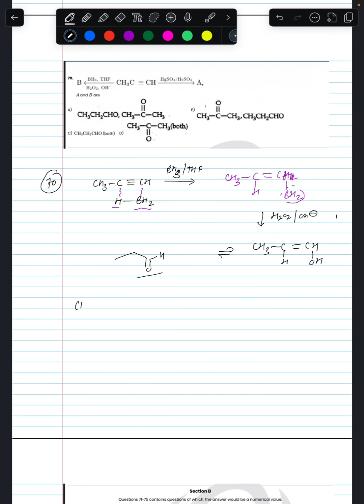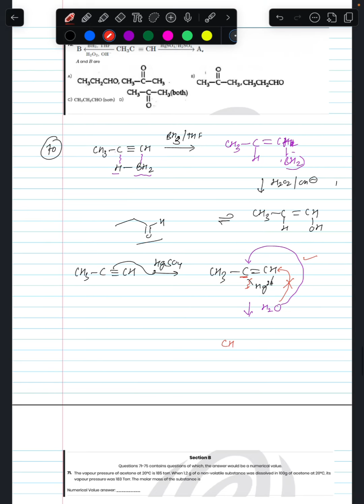Second, CH3 C triple bond CH reacts with HgSO4. During the mechanism, the alkyne first attacks Hg2 plus and forms a cyclic transition state, and the next step is the attack of water. Water can attack from one side or from the other side. One attack is favorable and the other is not, because if this bond breaks, the carbocation formed here is more stable.